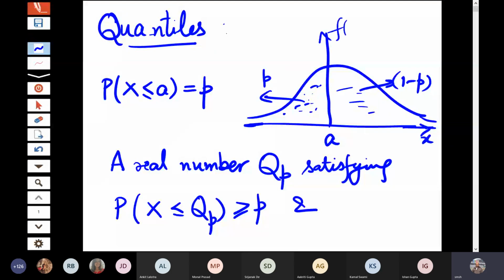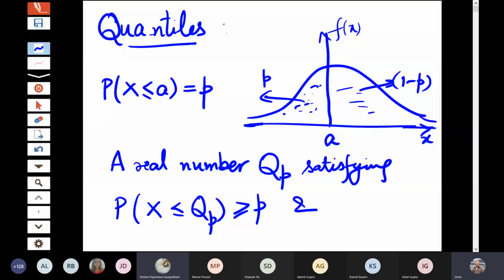On the plot, to the left of A we are covering probability P, and on the right of A we are covering probability 1 minus P. If A is such a point, we will call A the pth quantile. For example, if P is equal to half, then this will become a median.